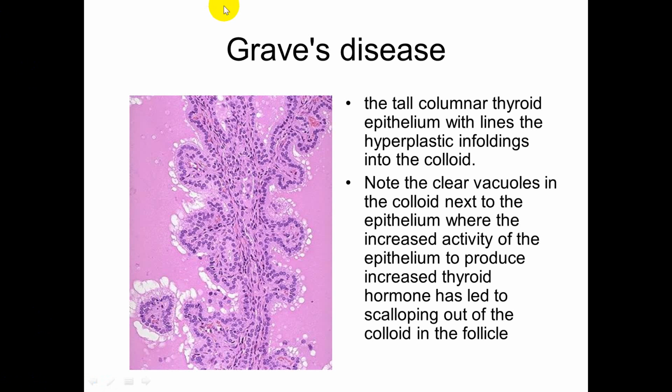This is high magnification of Graves' disease: the tall columnar thyroid epithelium with lines of hyperplastic epithelium involving the colloid. Note the clear vacuoles in the colloid next to the epithelium, where the increased activity of the epithelium to produce increased thyroid hormone has led to scalloping out of the colloid in the follicle.